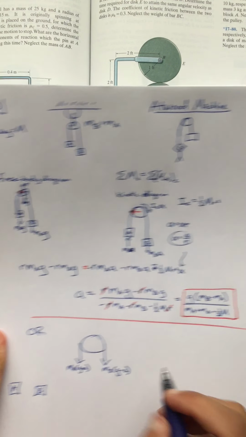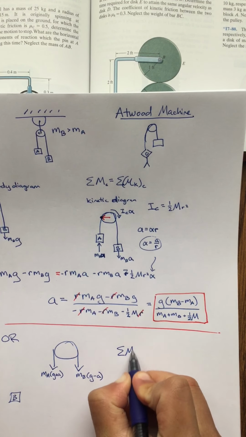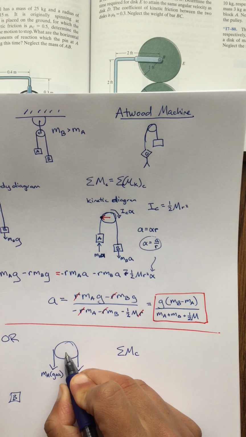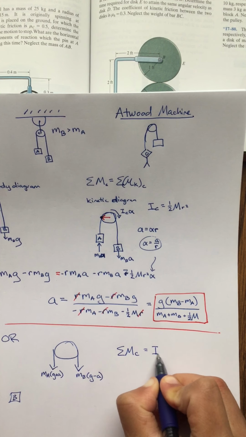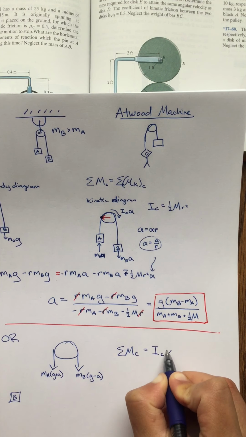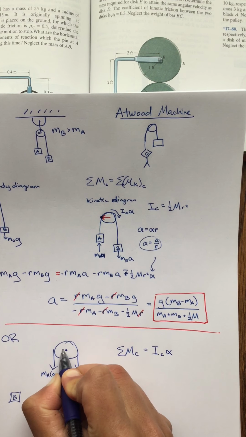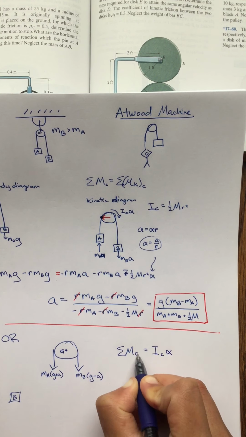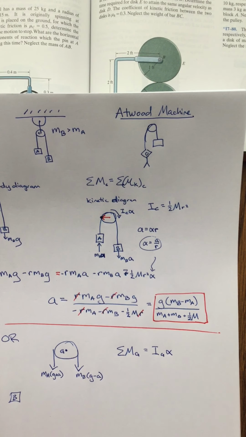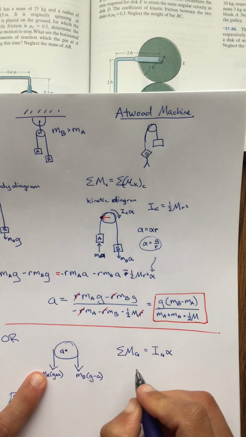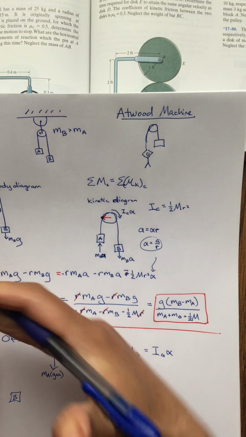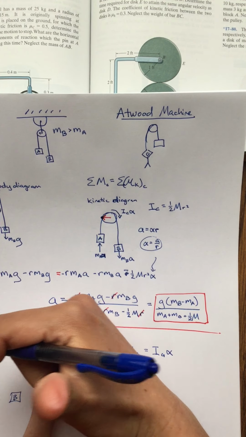And if I do that, then I can do the sum of the moments about point C for the pulley is equal to the moment of inertia about point C times the angular acceleration. Actually now I can call that G since that's the mass center of my system. And so on this side I would have r cross this force here, that would be positive.